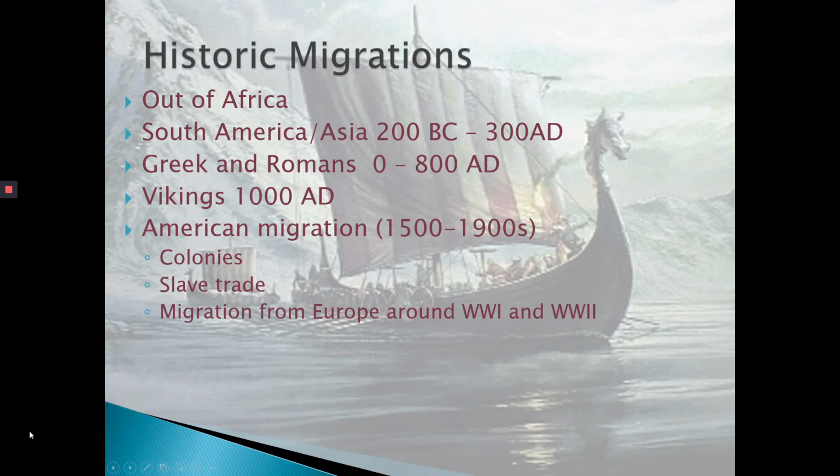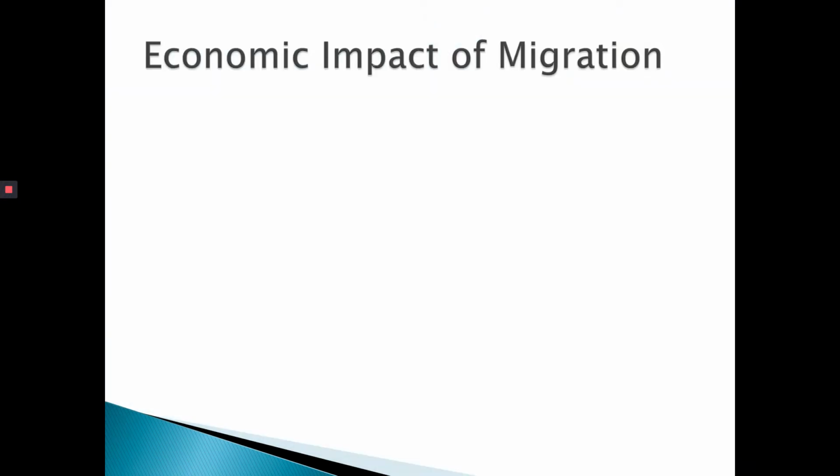There were mass migrations of people across the continent of Europe. So migration is not something that is a new topic. It is something that the world has dealt with and is a common occurrence around the world. So let's begin looking at some more detail about the economic impacts of migration.